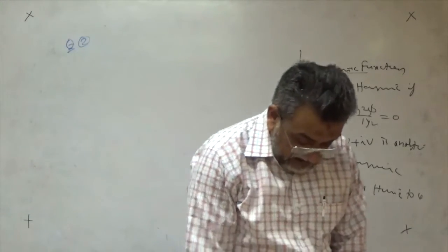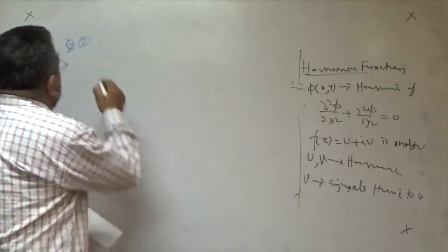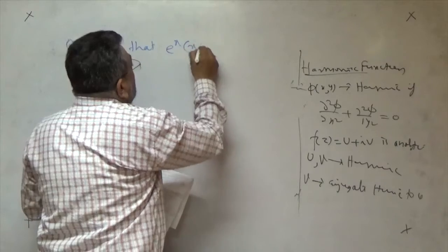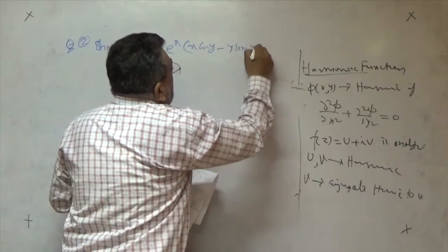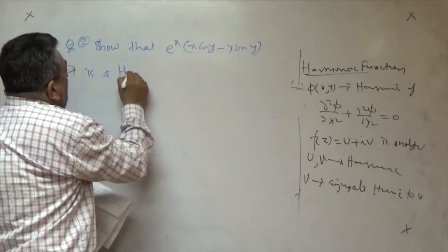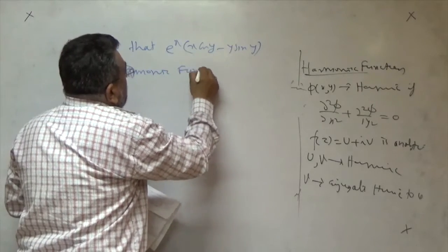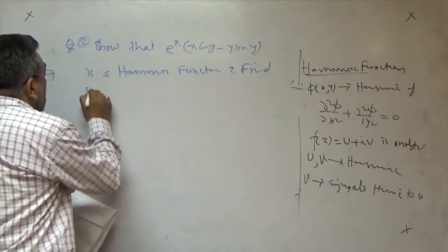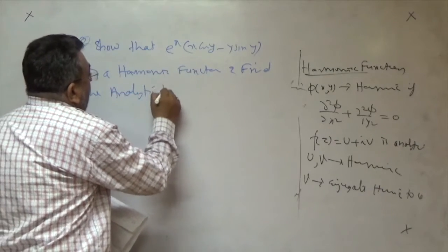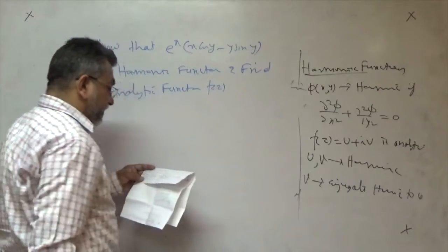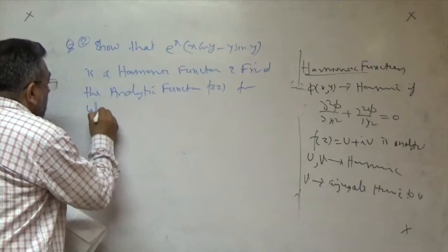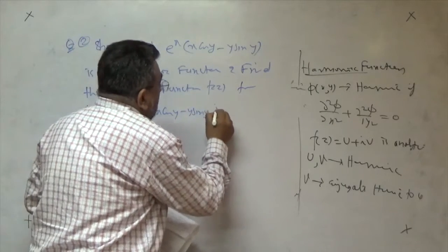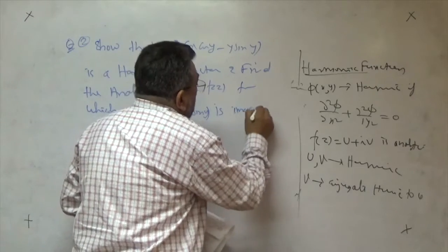Find the analytic function when the imaginary part is given, in which we take this numerical: show that e to power x, (x cos y minus y sin y) is a harmonic function, and also find the analytic function f(z) for which e to power x, (x cos y minus y sin y) is the imaginary part.